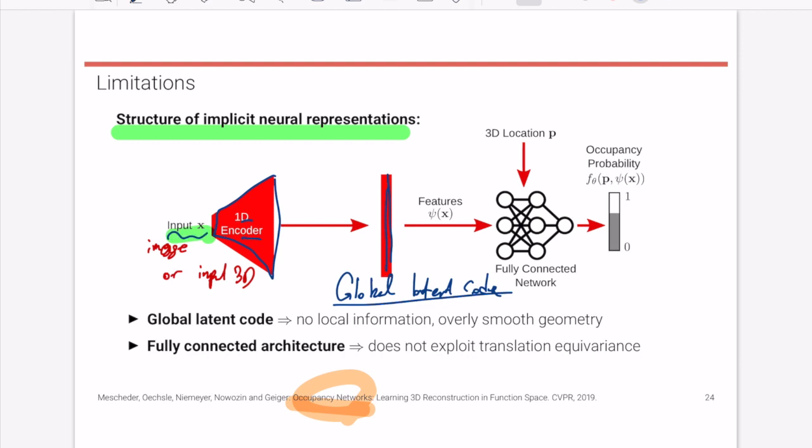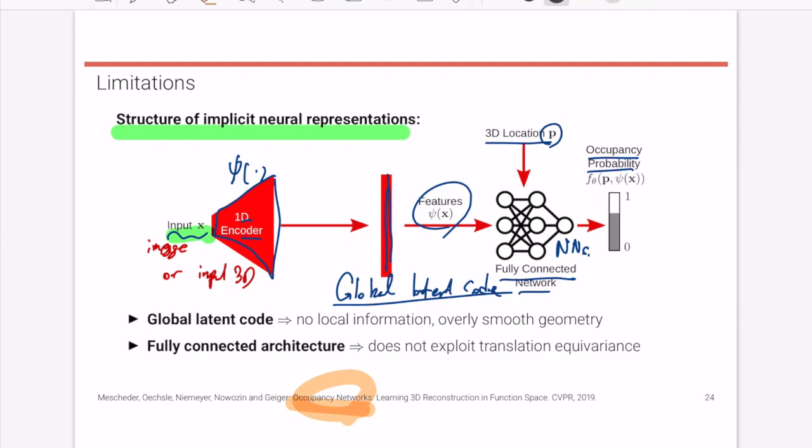Then if we say this 1D encoder is a function phi, then this feature, phi of x, and a 3D location, let's say p, are going to be the input of some neural network or FC network, which generates the occupancy probability, let's say f theta of p comma phi of x. So this is the high-level structure of the implicit neural representation.